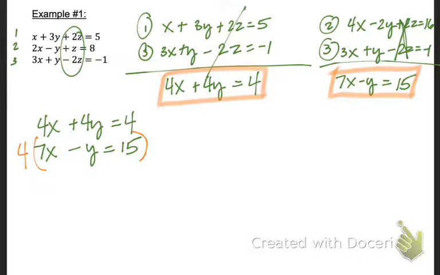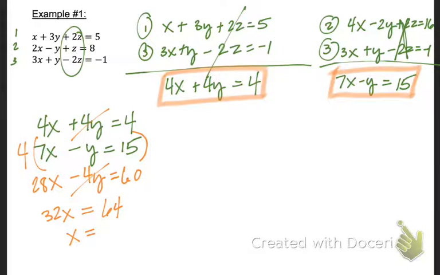But I would need to multiply everything by 4. So 28x minus 4y equals 60. And then if I add down, y's cancel. 32x equals 64. So x equals 2.